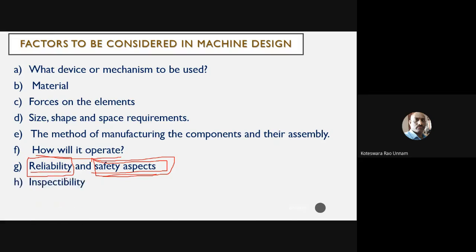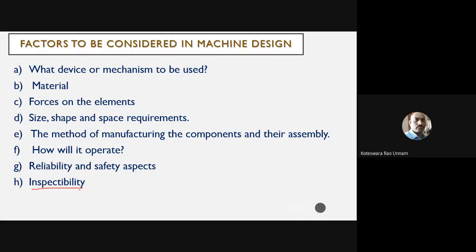Then inspectability. That means how we can check, before operating your machine or machine component or machine element, whether it is perfectly all right in all aspects or not. The designer has to provide such a mechanism also.